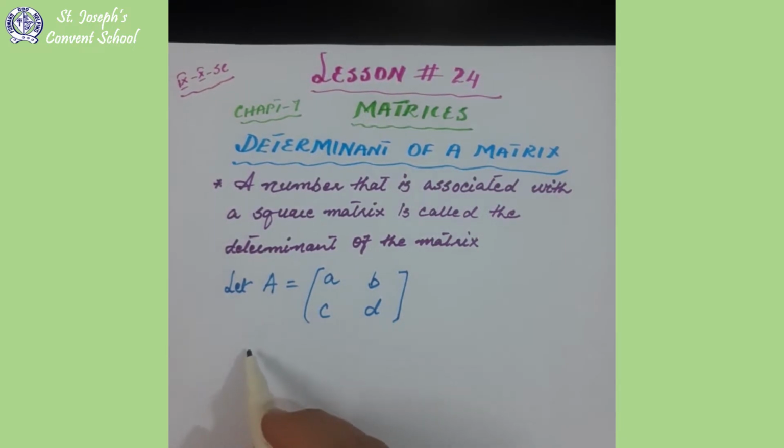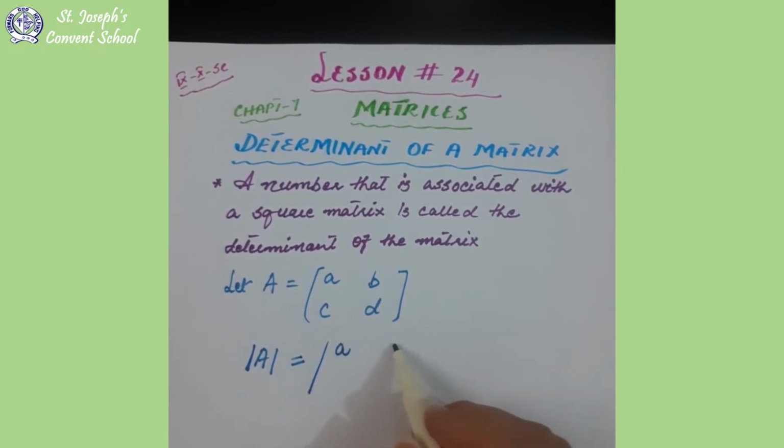We write A between these two lines. These two lines are known as determinant. Determinant of A equals, these two lines represent a determinant. We change the matrix shape into determinant shape, so between two lines A, B, C, D, like this.